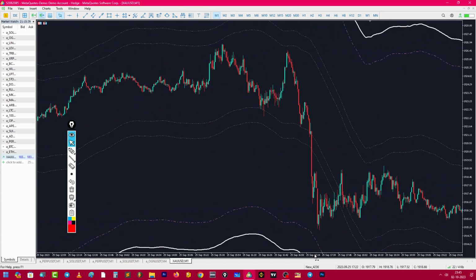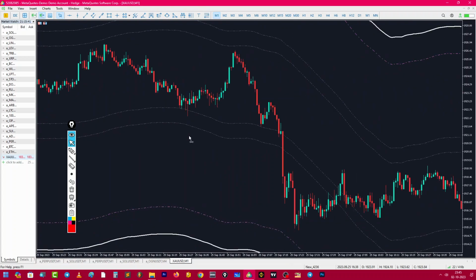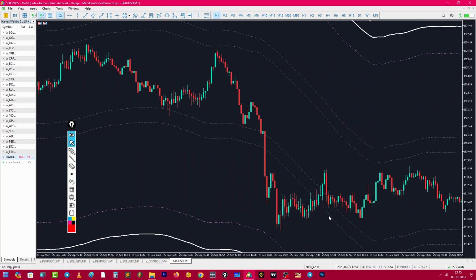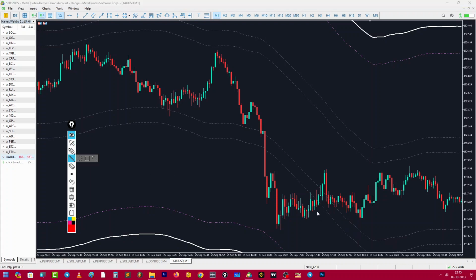So what you have to do is wait for the closing always at this level. This is D2. Here you can see, as soon as price closed above this level, this area is your entry point.